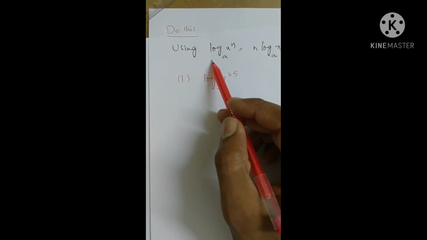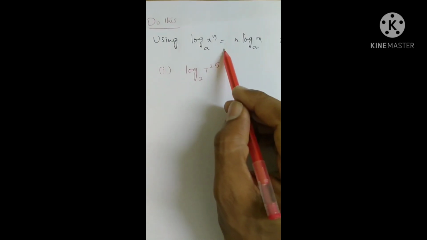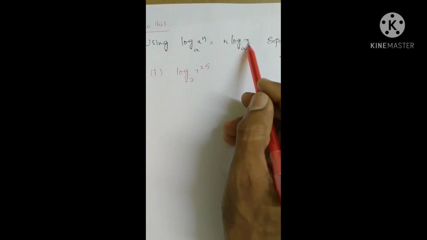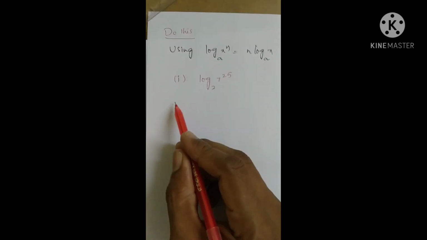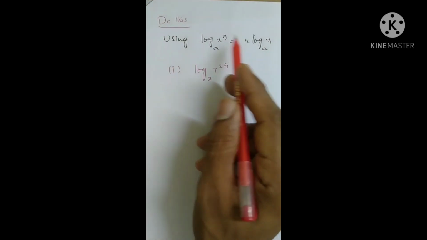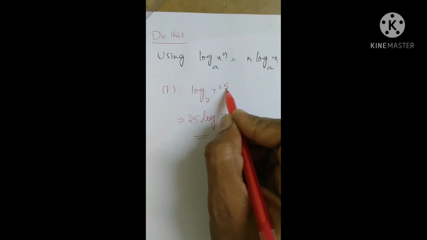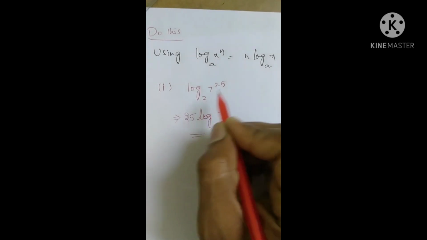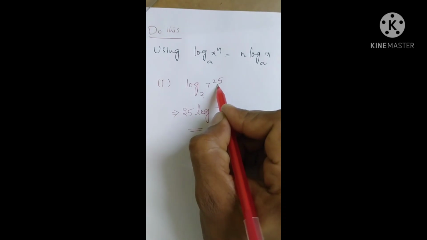This is our next to do this. Using log x power n base a is equals to n log x base a, expand the following. This is our first question. This is actually third rule, third property of logarithm. Log 7 to the power of 25 base 2. Here n is equals to 25.